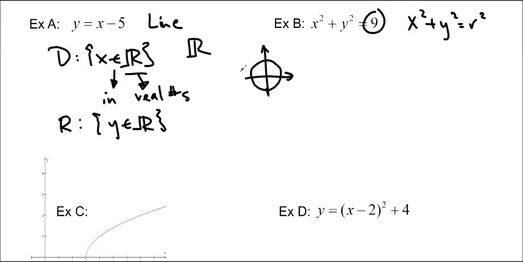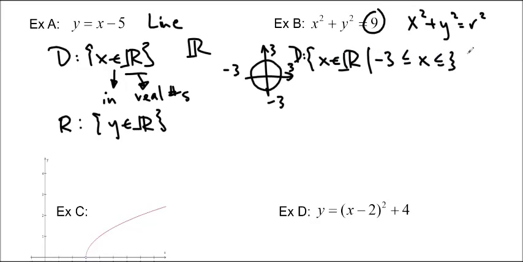Let's just pretend that's a circle. And this goes from negative 3 to 3, because the radius is 3, and negative 3 to 3 for the y values as well. So as we go left to right, we can see that the lowest value we can get is negative 3, and the highest value is 3. So the domain is x in R, such that negative 3 is less than or equal to x is less than or equal to 3.